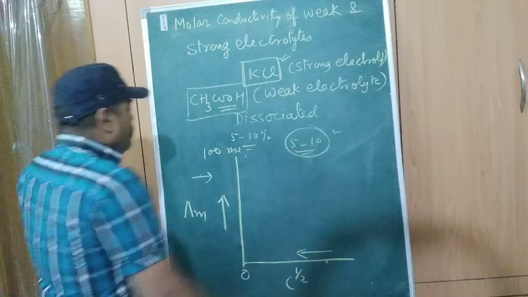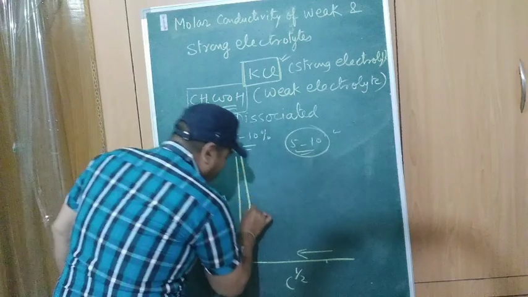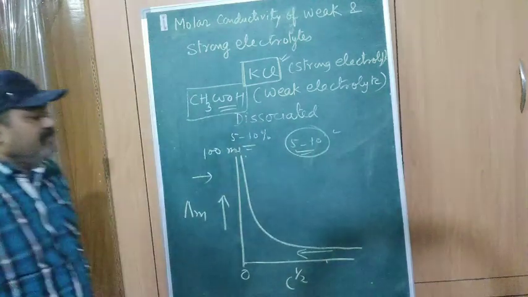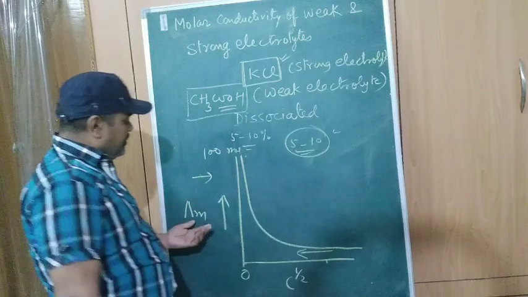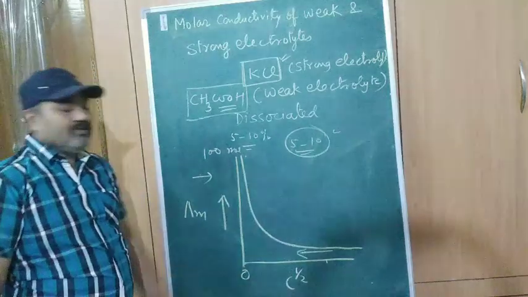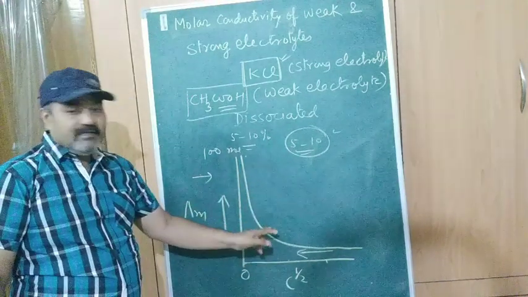When we plot the graph of acetic acid and potassium chloride between the molar conductivity and the square root of the concentration, we get it in this manner.